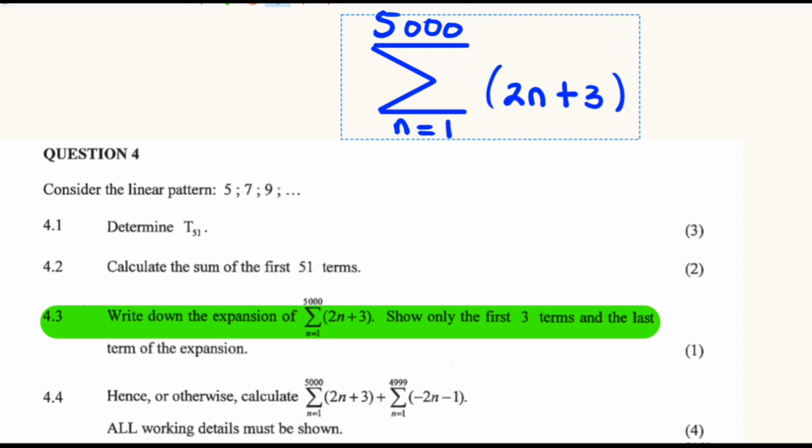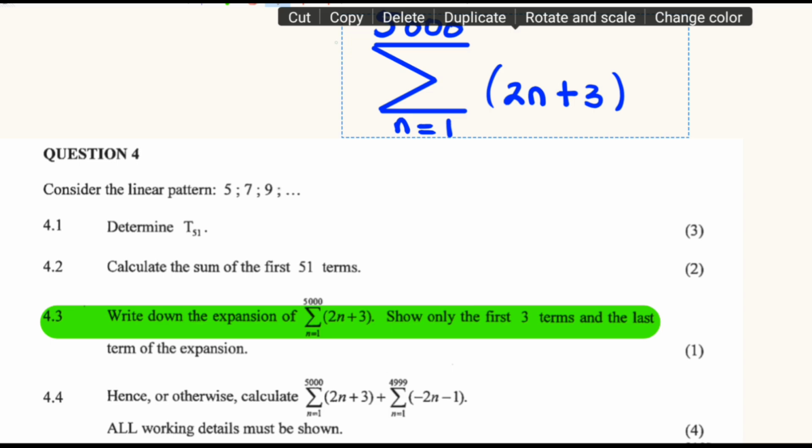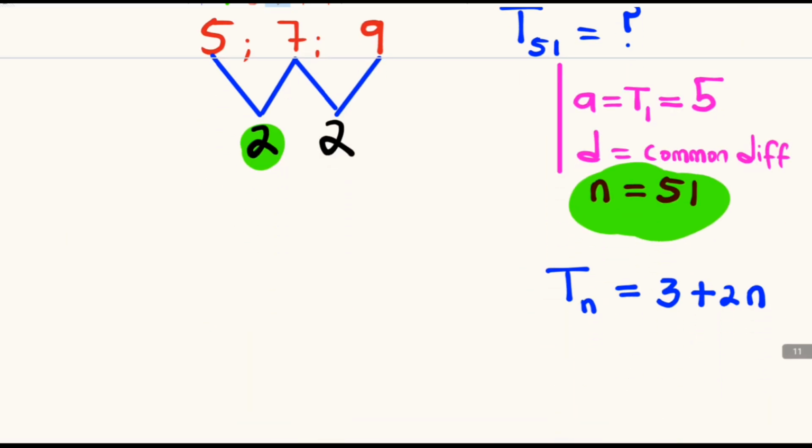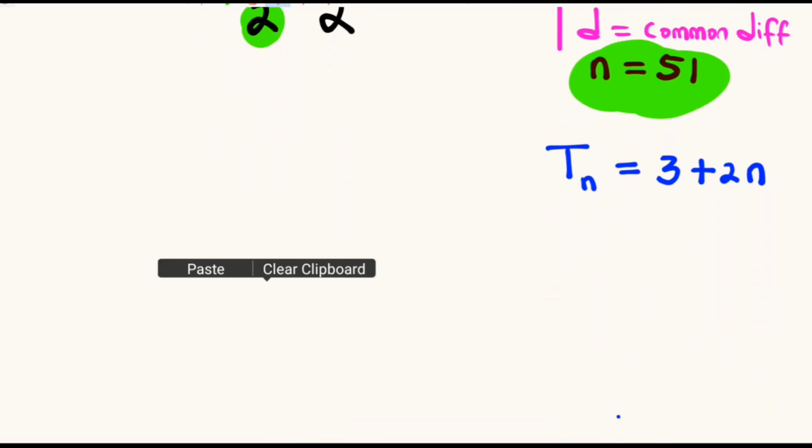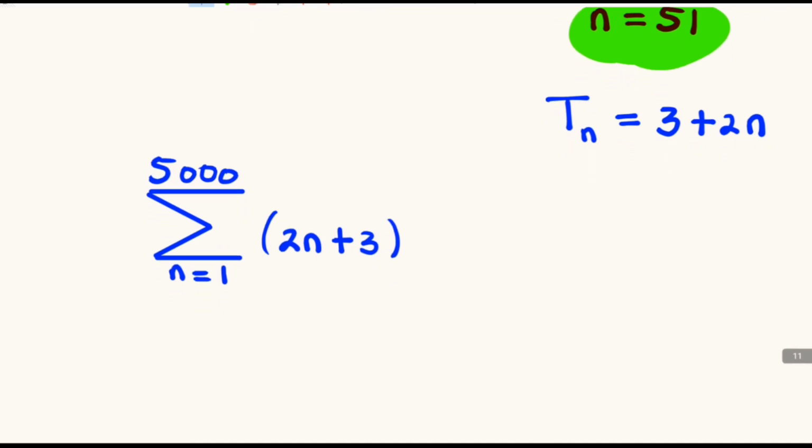So let's copy this. To determine the expansion of the first 3 terms and the last term, we start by substituting n is equal to 1 where there is n. So we have 2 into 1 plus 3.